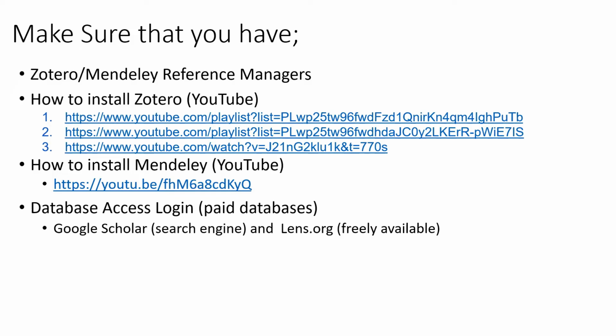Some of you might know about it, but you can watch these videos, install the software on your computer and practice it. Those 3 videos are done by me, on my YouTube channel. You can play those videos and learn how to install it and work with this software.